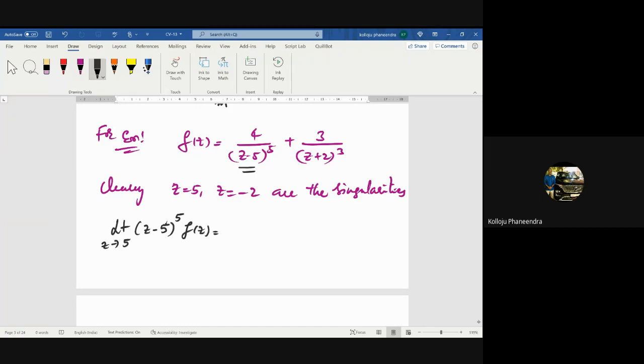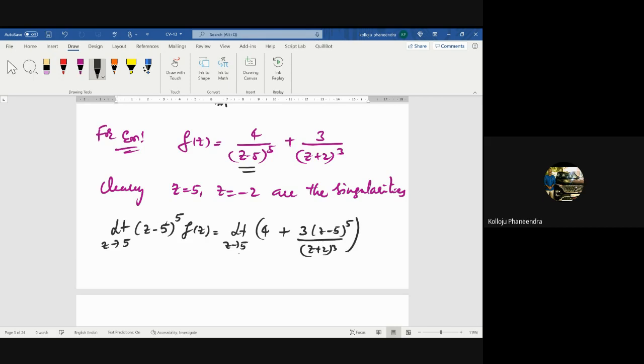Check it. This one gets cancelled. The limit z tends to 5 will be there, and here only 4 will be there. And here 3 into (z minus 5) to the power of 5 by (z plus 2) cube.